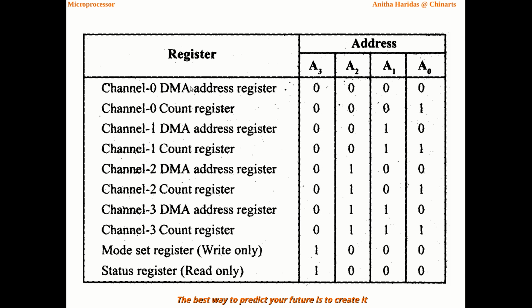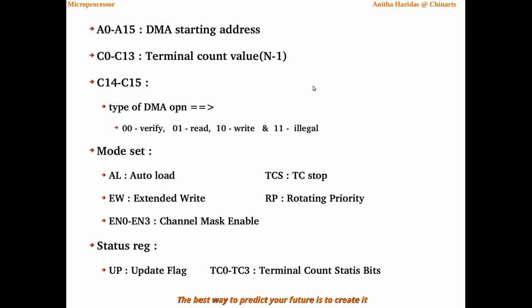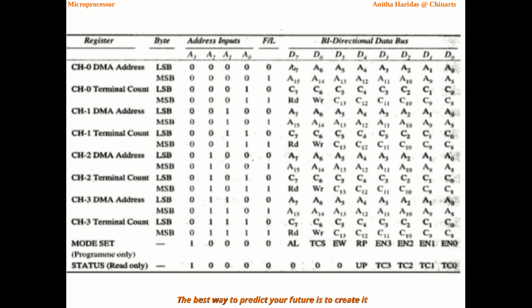One point that you have to understand here: which channel register will be selected using the address lines A0 to A3. Then, using this slide, you can understand when a register is selected, how the content of the register is transferred by the CPU.